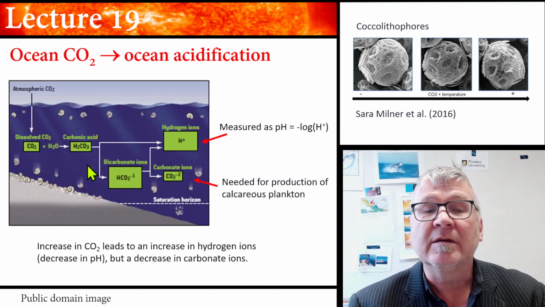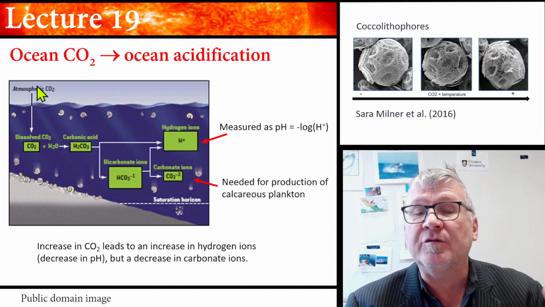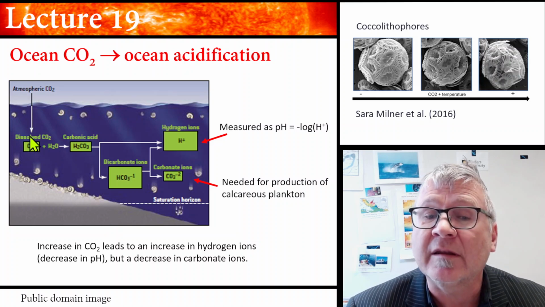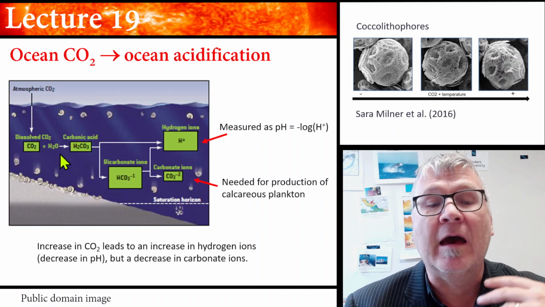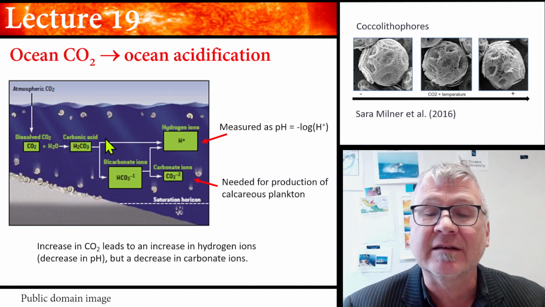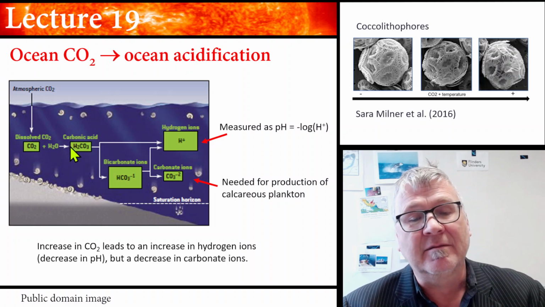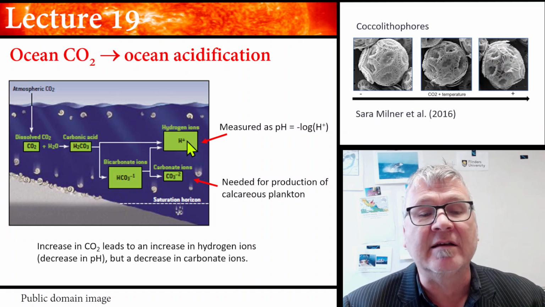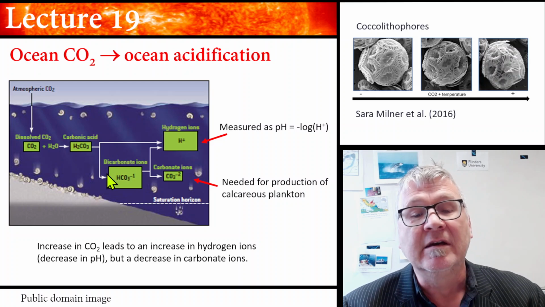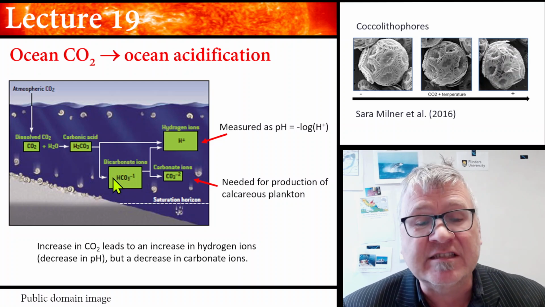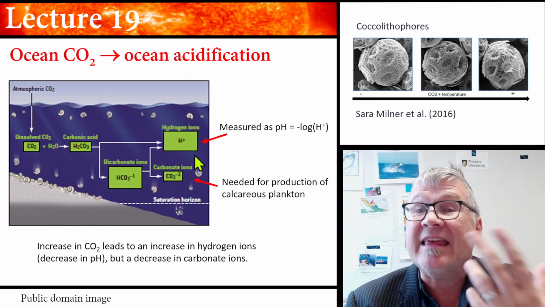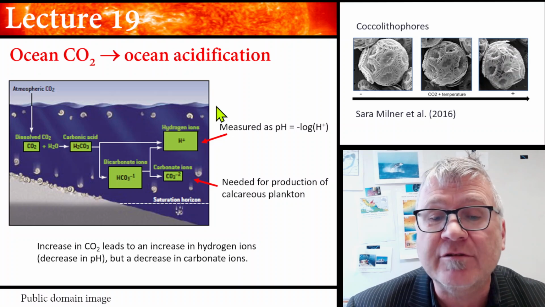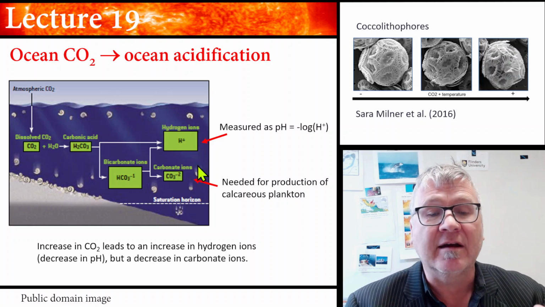You have that flux of CO2 into the ocean, and the CO2 reacts with seawater and forms carbonic acid. The carbonic acid becomes converted into hydrogen ions and bicarbonate ions that further split up into carbonate ions and hydrogen ions, and even more hydrogen ions. So that's the end product we're talking about: hydrogen ions and carbonate ions.